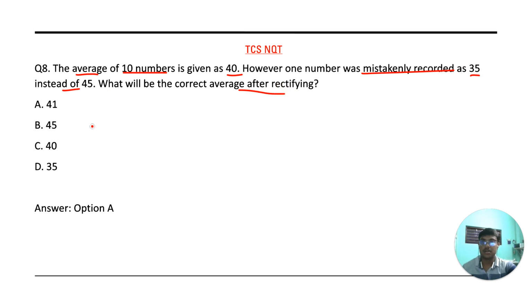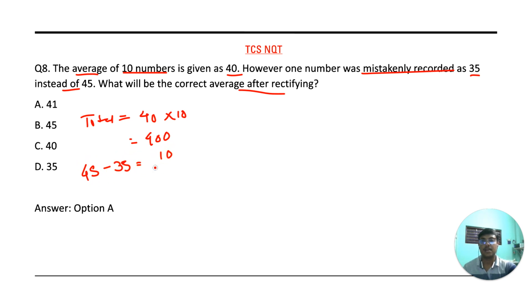So there are two ways of doing the question. Let's first do the longer process. The total that we have got is 40 into 10, which is equal to 400. Now it is said that we have mistakenly recorded the data as 35 instead of 45. So what is the difference of the data that has been mistakenly taken?